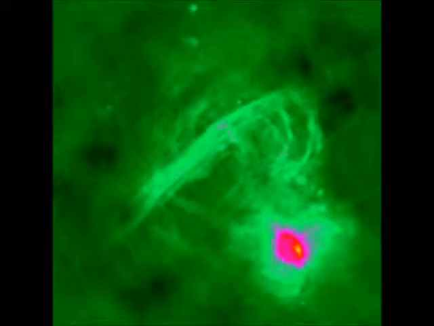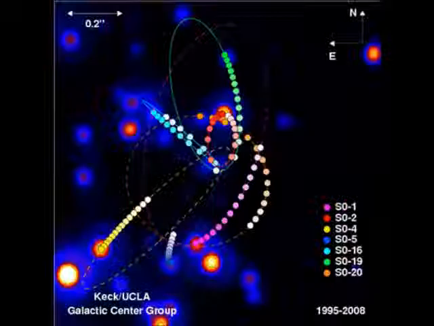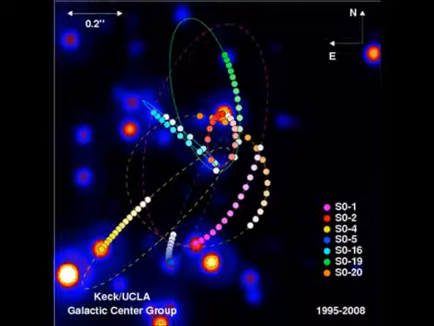On the other hand, while looking at the center of our galaxy, we find a strong radio emission, like in this picture. Tracking the orbits of stars around this strong radio emission, it turns out that there should be a very compact, very massive object in the middle of this picture.